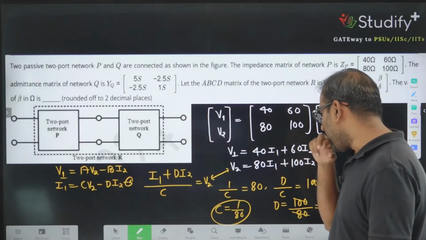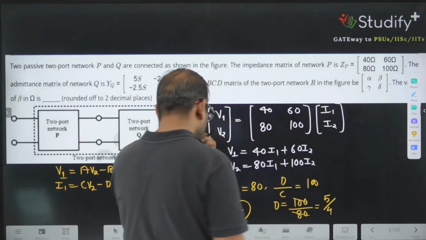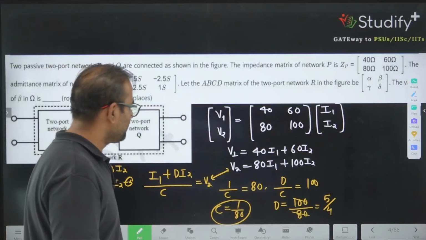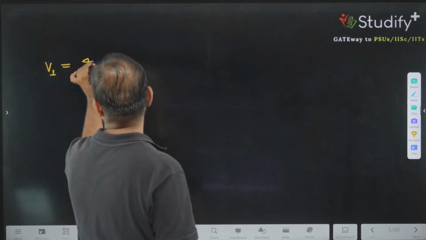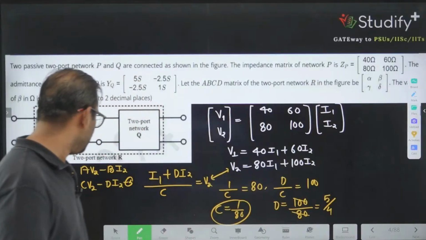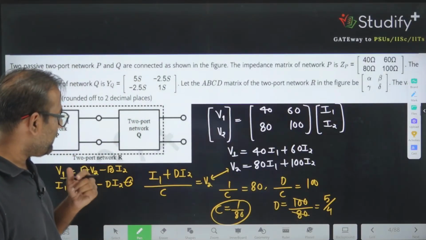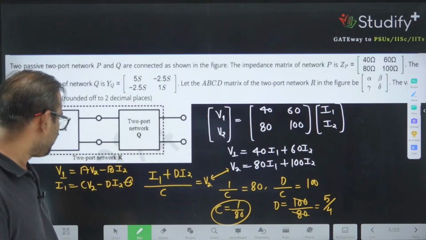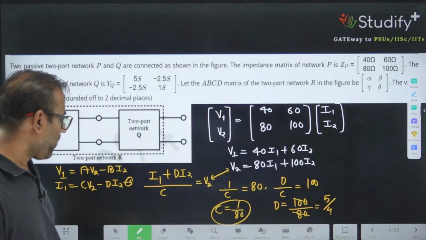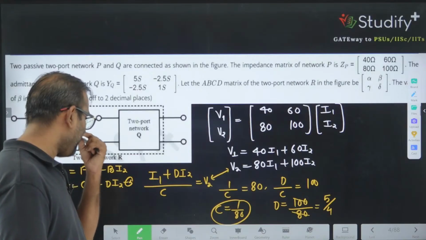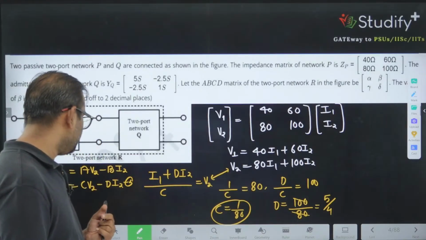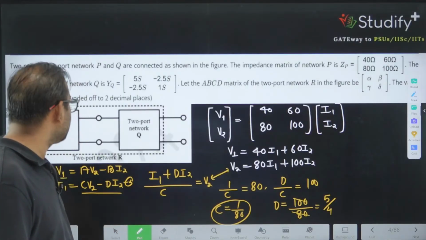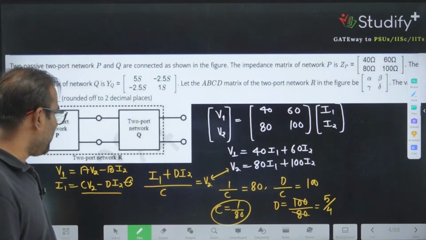The first equation can be represented as V1 can be written as 40 I1, and what is the value of I1? The value of I1 can be written from here as C V2 minus D I2.